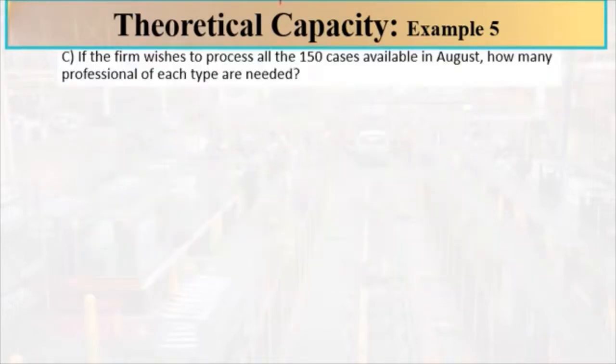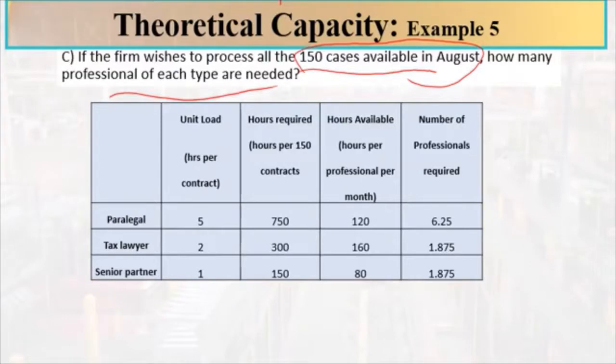So now the question asks us if the firm wants to do all 150 available cases in August, how many professionals of each type does it need? We know the unit load. We've already calculated this for each resource pool. And the hours required is just that number, 5, multiplied by how many cases there are.